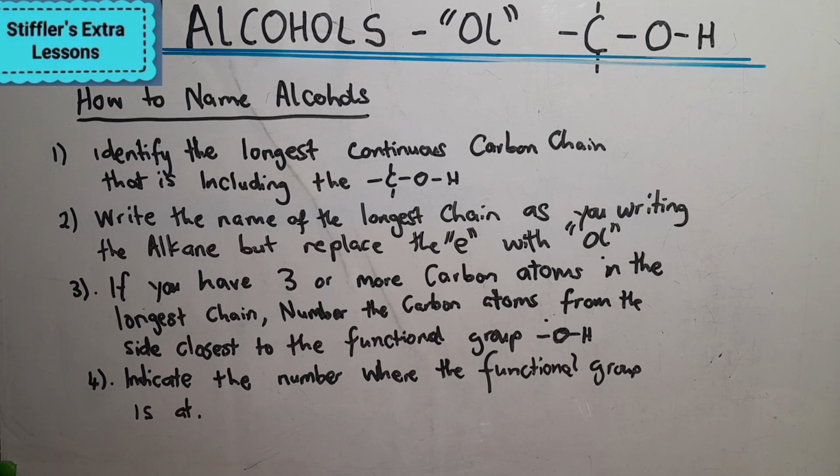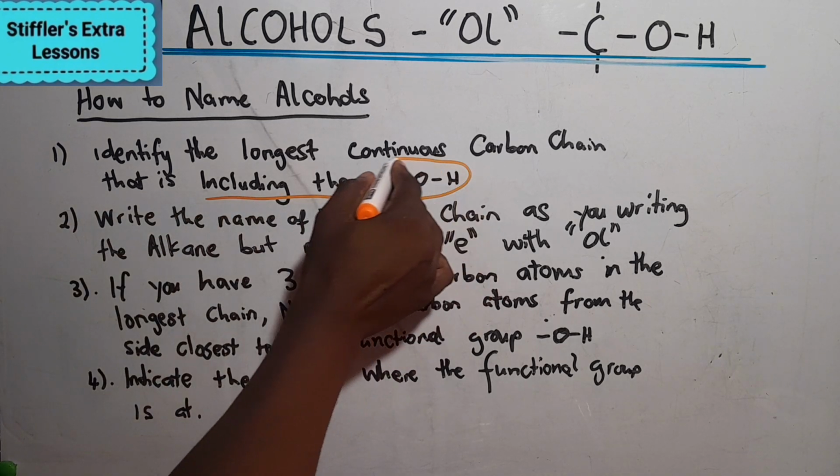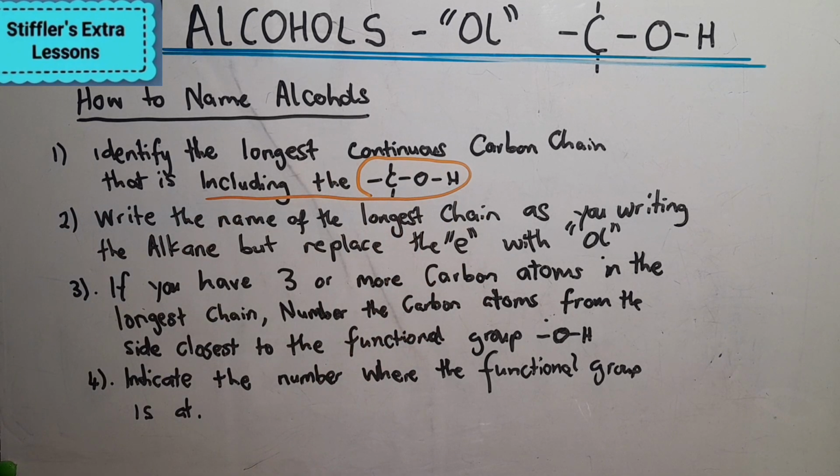So the first step, like always, we identify the longest continuous carbon chain. So that is the parent chain, and it also must include this hydroxyl group. So the longest chain must include this hydroxyl group.